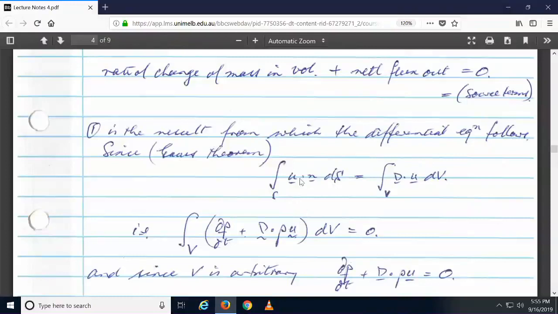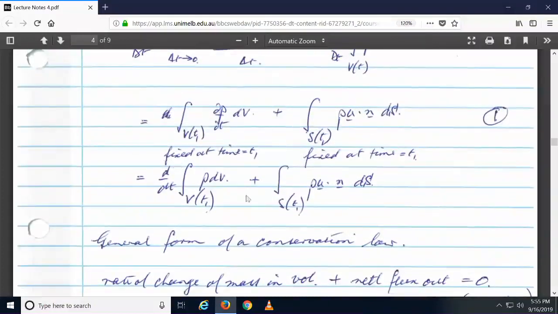And so if I change back in this equation, rho u, just imagine that as another vector A, A dot n dS around the surface, I can change that to an integral over the volume of the divergence of A dV, where A is rho u, right?